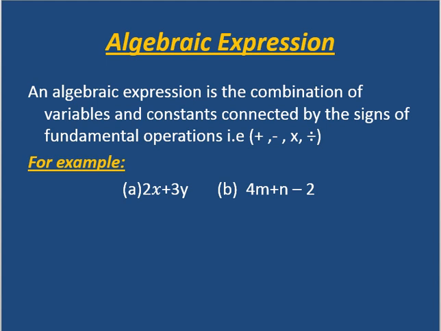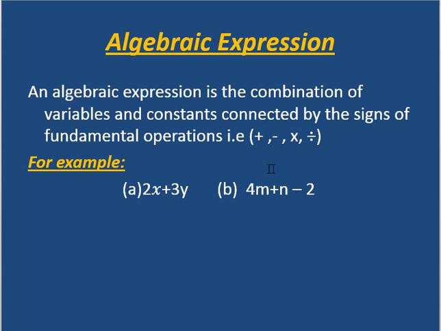Algebraic expression. An algebraic expression is the combination of variables and constants connected by sign of fundamental operations. You can see here, fundamental operations are plus, minus, multiply and divide. You can see constants, variables, and these fundamental operations also, plus, minus here.